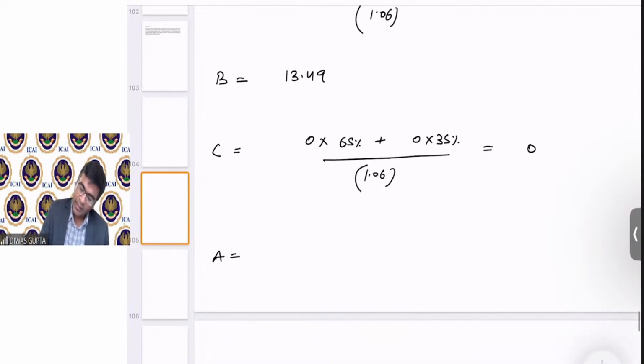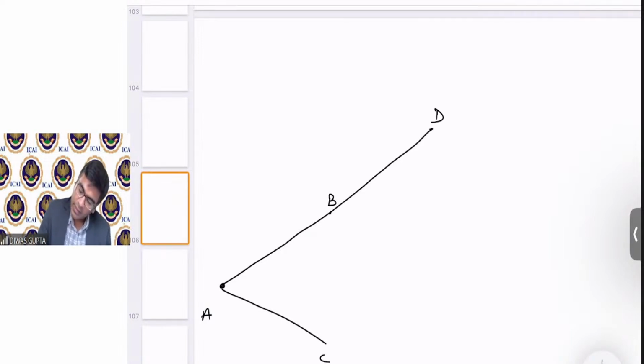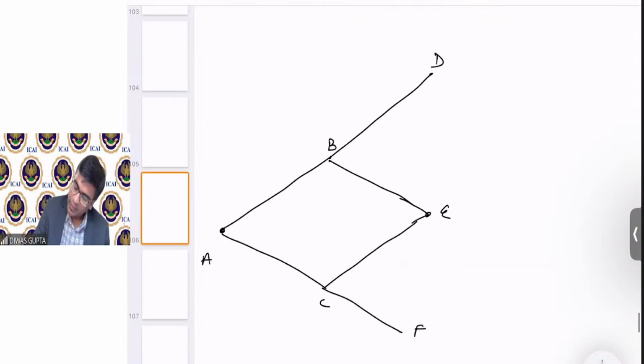Okay, let me do one thing. Let me just draw a tree here with the values now. This was A, B, C, right? Then this was D. This was E and this was F, correct?